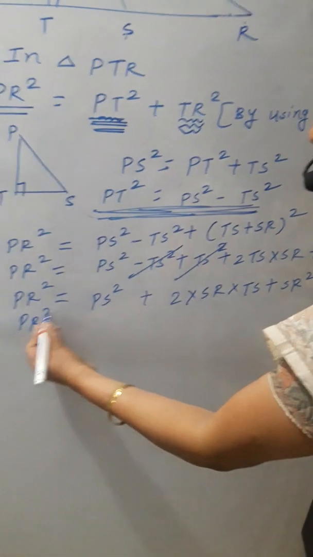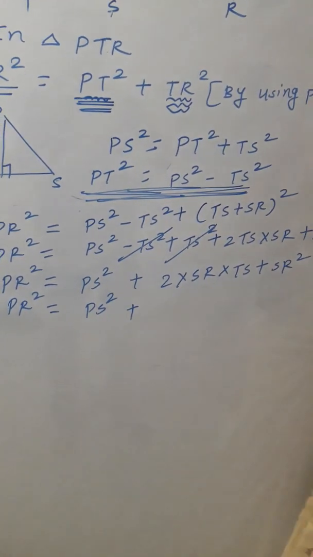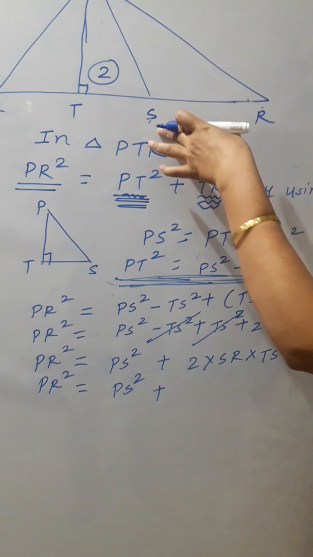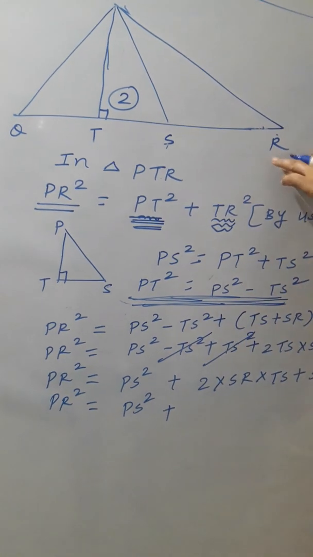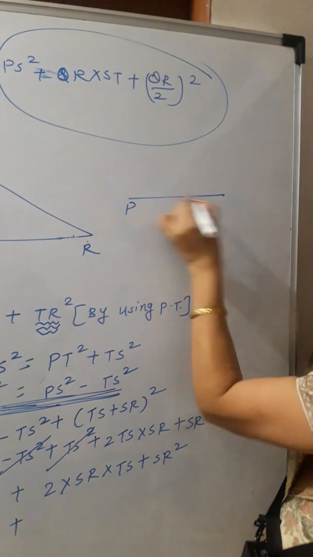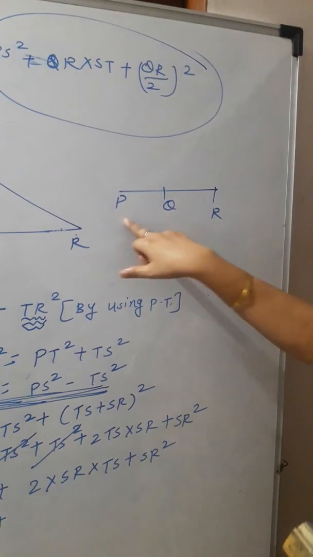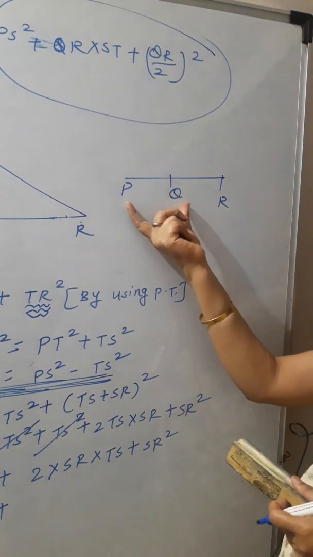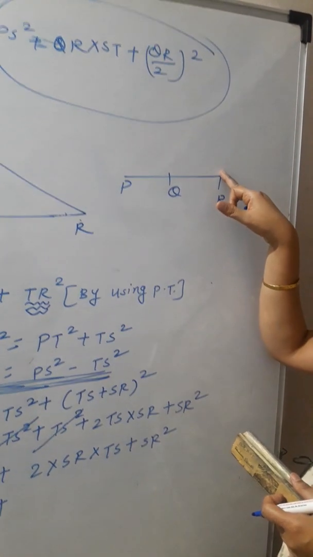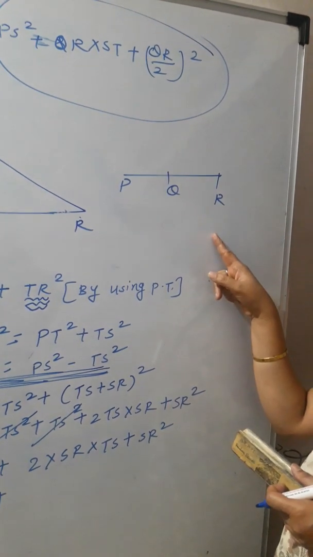I will write down the last PS square plus 2SR. What is S? It is the midpoint. Midpoint of what? QR. Midpoint here in PQR. What is S? It is the midpoint of the QR.